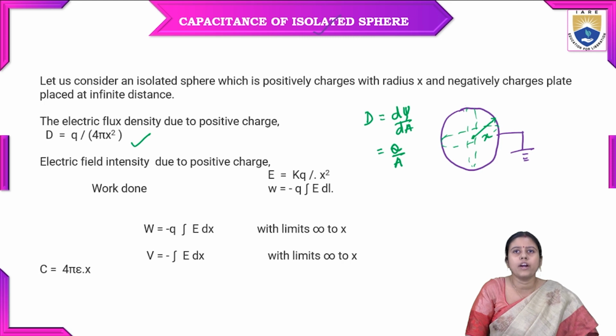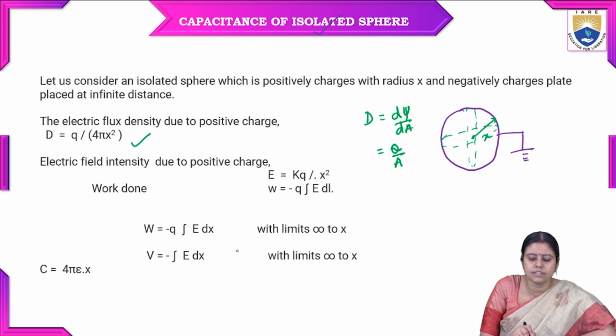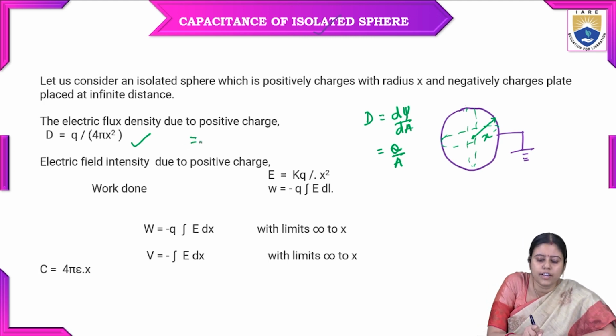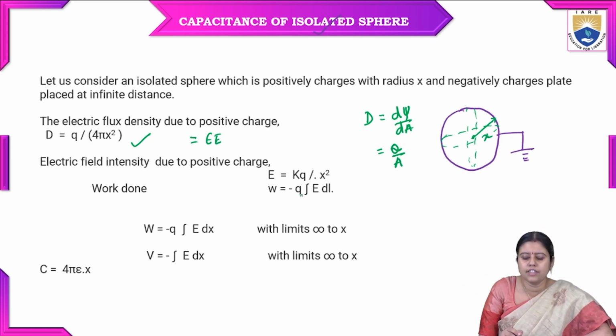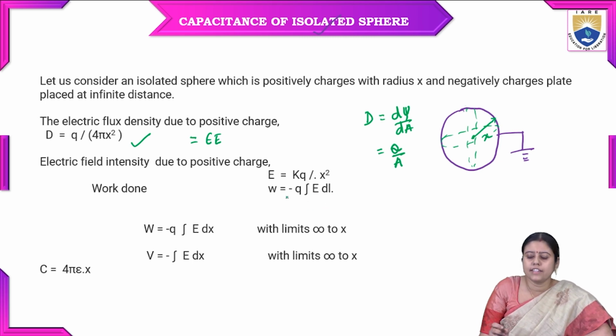So what is the work done? D is equal to epsilon into E. Work done, as we discussed in the last class, to bring a unit charge is equal to minus Q integration of E dot dl. Actually, work done is equal to Q into potential.